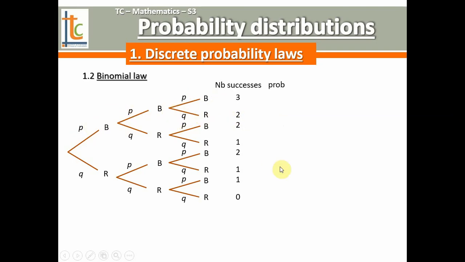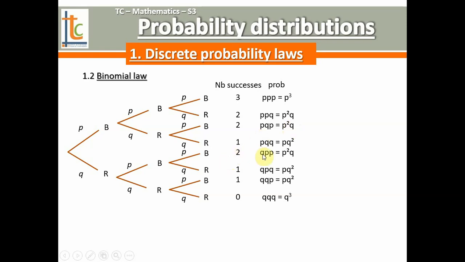So let's display these probabilities for the set of 8 paths of the tree. And we can notice that if we want to reach 2 successes, for example, the calculation of the product of probabilities is always the same, P squared times Q. Okay, they are not multiplied in the same order, but in the end, this is the same result.